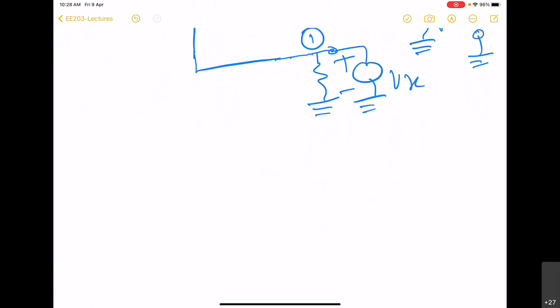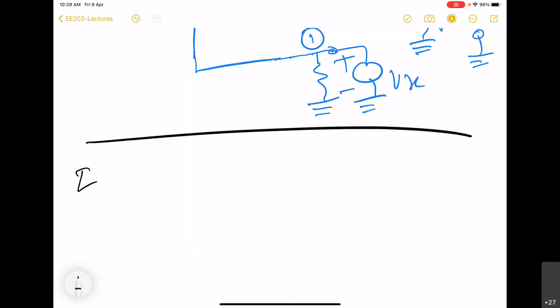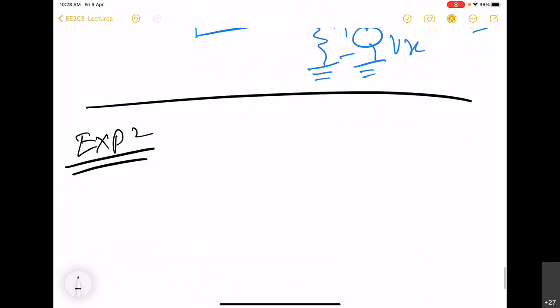So we now take another example. We now have the inverting configuration.